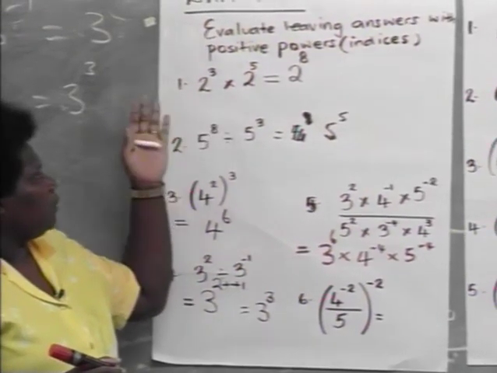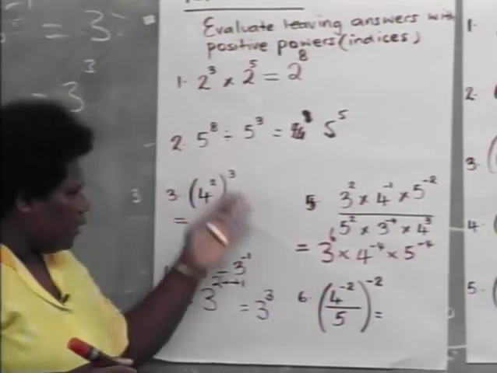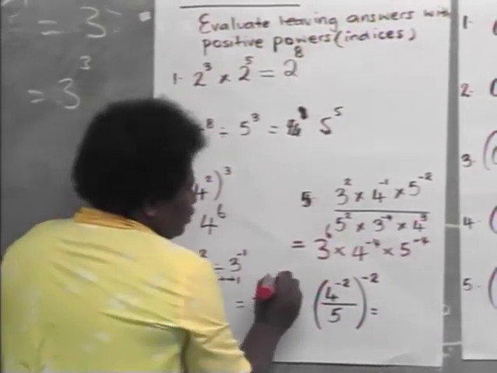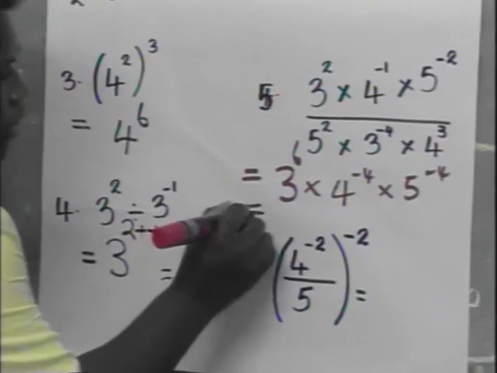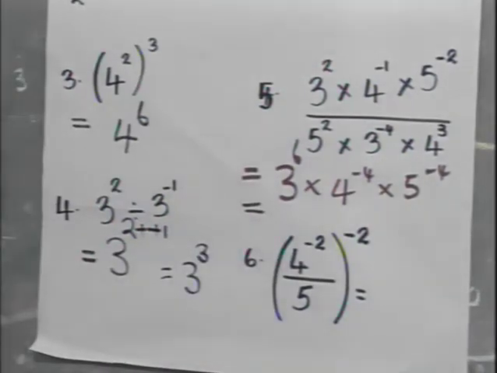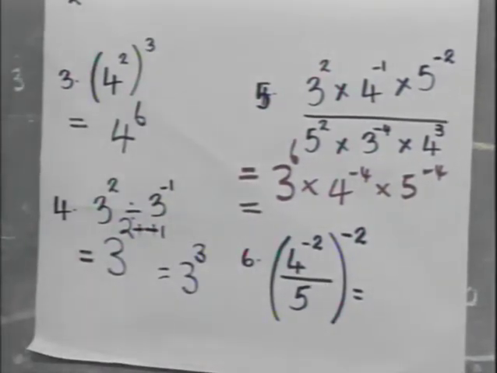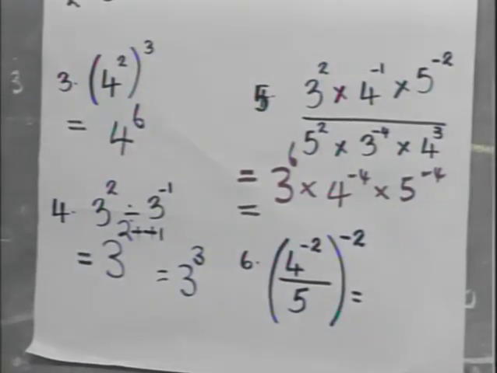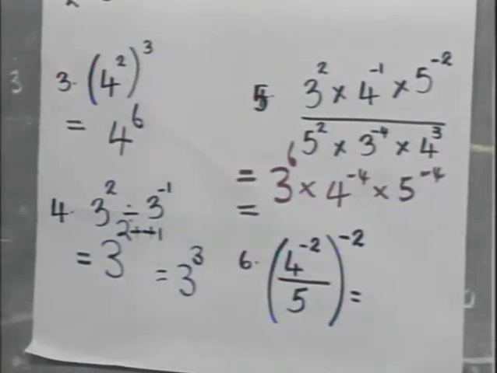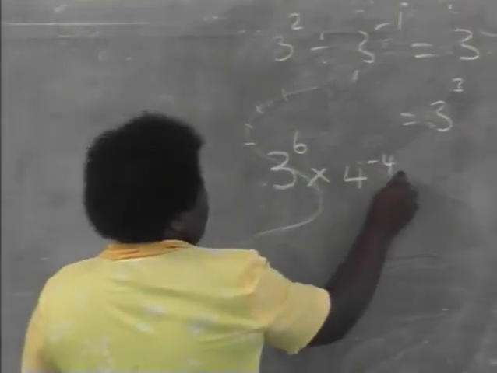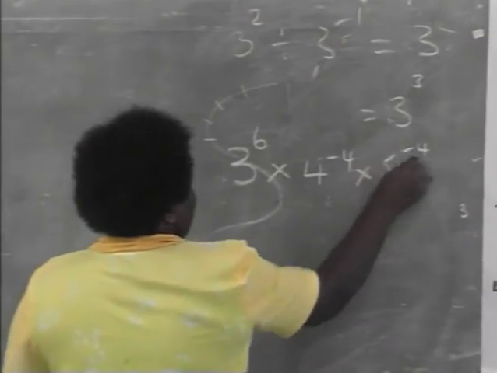answers with positive indices only. I want someone to give me the answer to this question using positive powers only. Three to the power of 6 times 4 to the power of negative 4 times 5 to the power of negative 4.